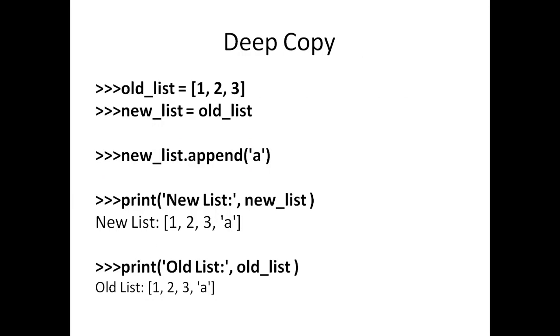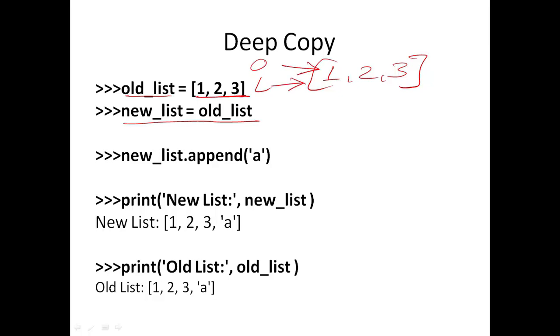So let's have an example. In this case, I have taken a list which has 3 elements 1, 2 and 3, and then I have used the assignment operator for copying. So in this case, this object 1, 2, 3 has a single copy, and both names old list and new list will point to the same object.